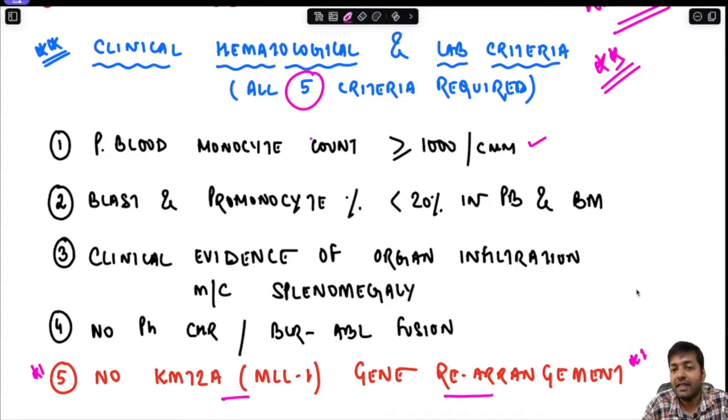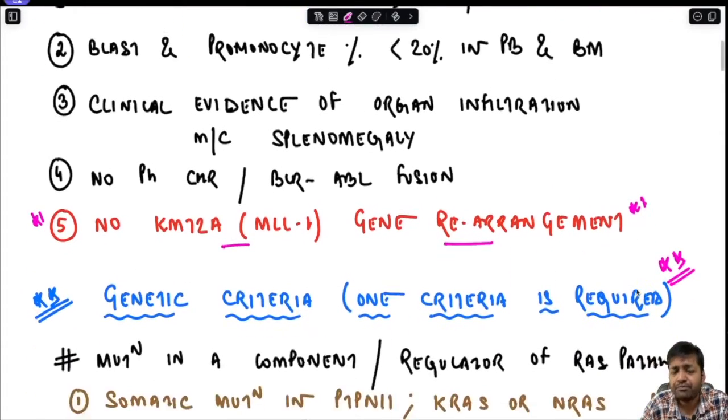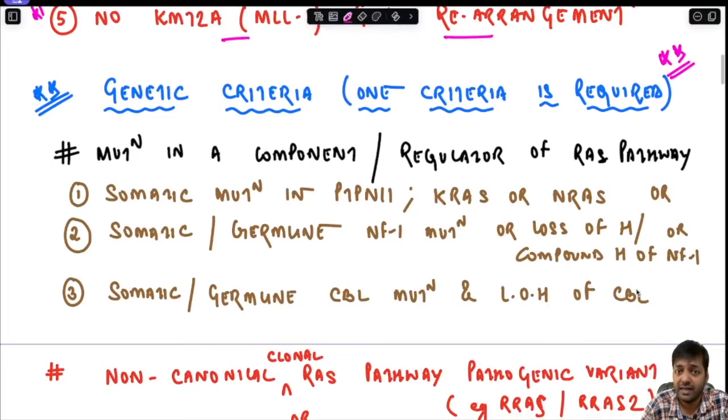JMML is seen in pediatric patients, especially less than 2 years of age, and KMT2A gene rearrangement is also seen in children. So because there should not be any overlap, they have given this requirement that KMT2A rearrangement should not be present. So there are 5 important clinical, hematological, lab criteria that we have seen, and for diagnosis all 5 criteria are required. The next important heading is the genetic criteria.